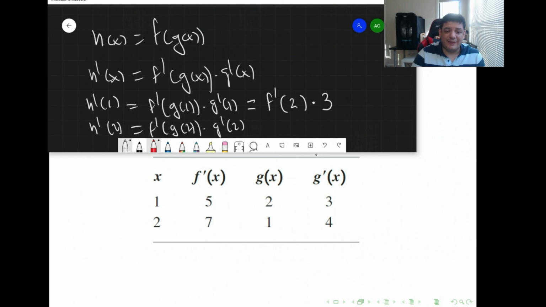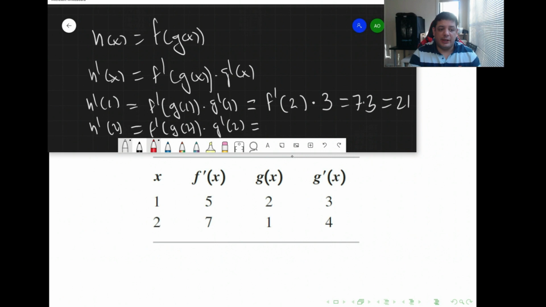Now we just need to figure out what is f prime of 2. That means we need the information about 2 in f prime, and luckily in our table we do. f prime when x equals 2 is 7. So we have 7 times 3, and that gives me that h prime of 1 is 21.